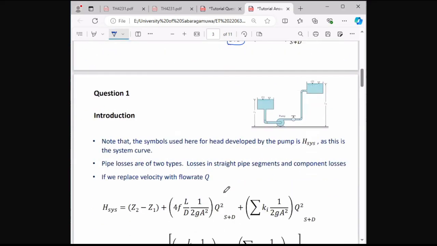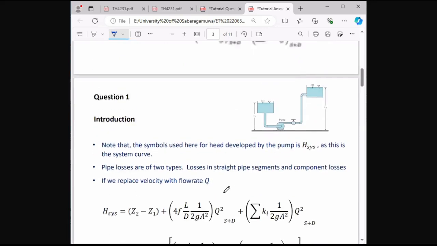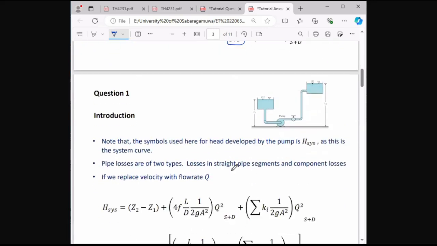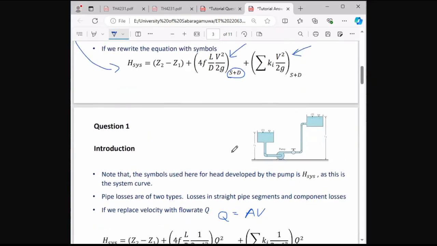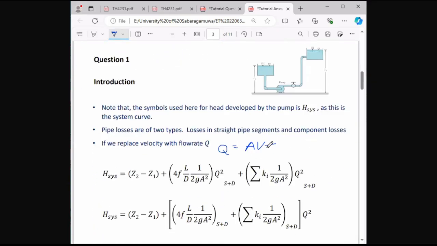After that, you can apply Q equals AV. Using Q equals AV, you can find the V value.